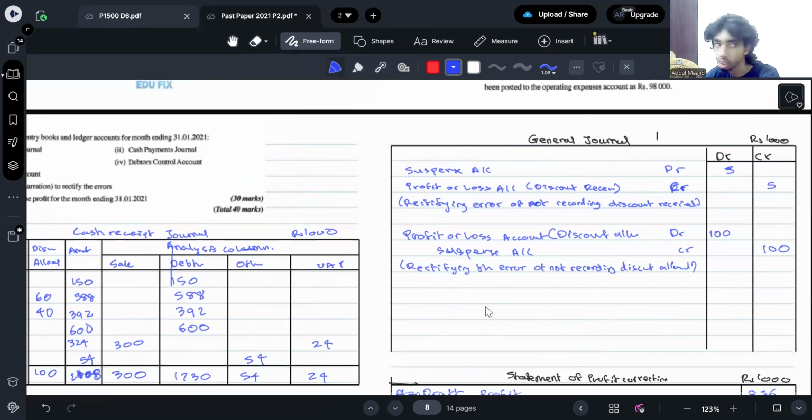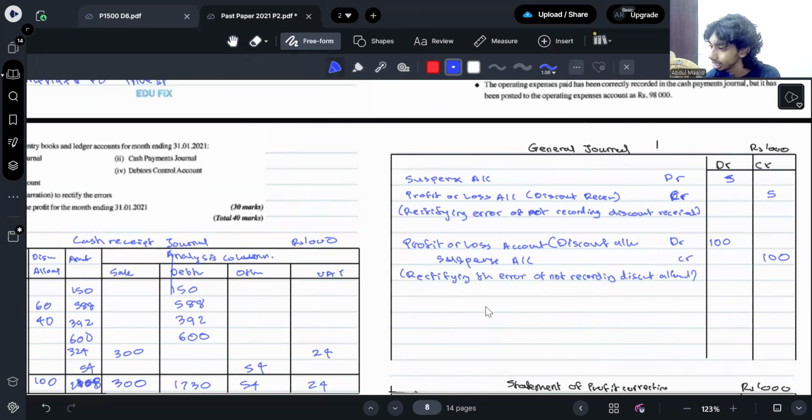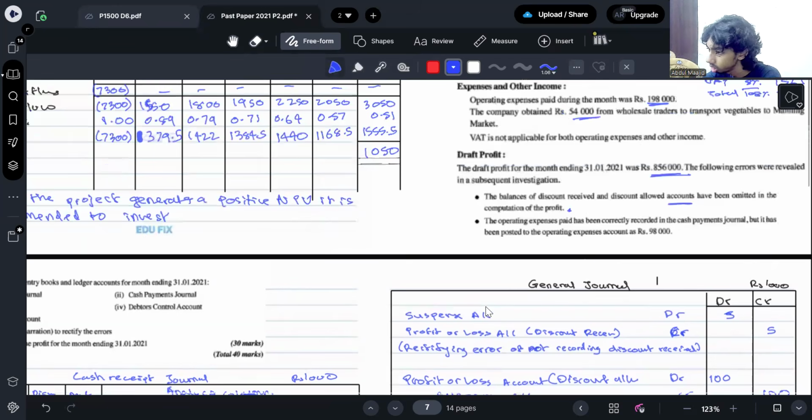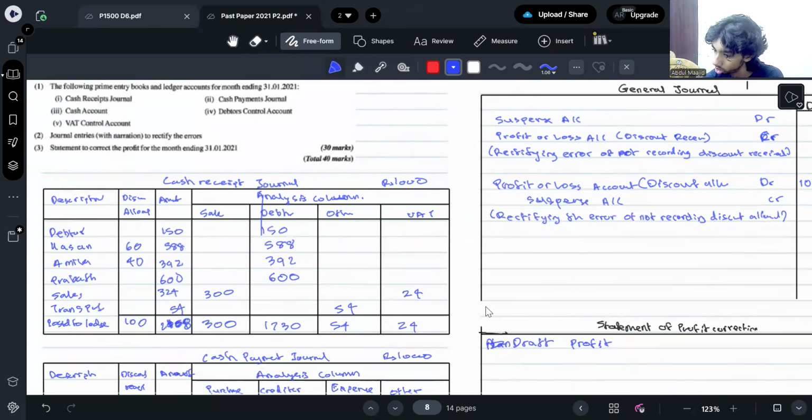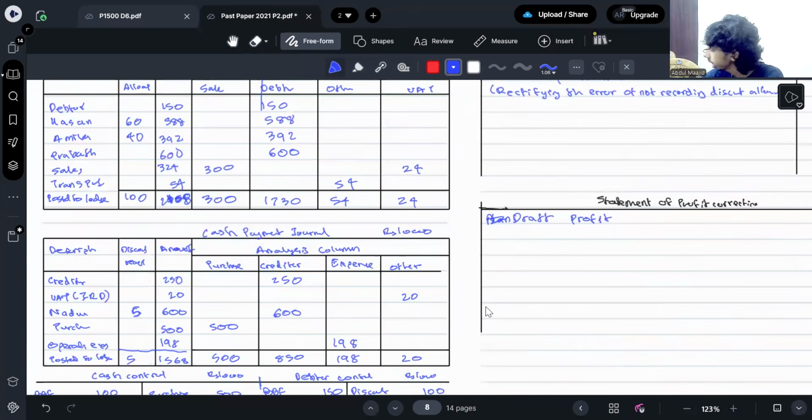Then the next one, the operating expense paid has been correctly recorded in cash payment journal, but it has been posted to operating expense account as 98,000. Here operating expense 198,000. They have undercasted it.